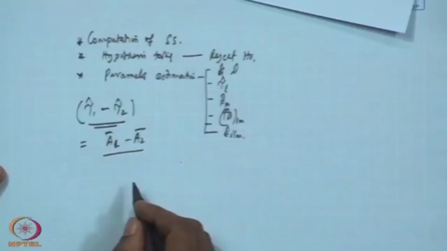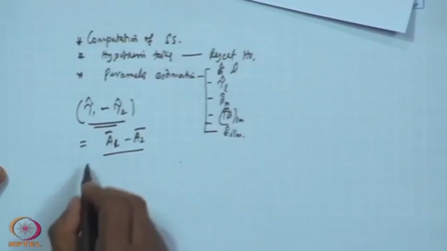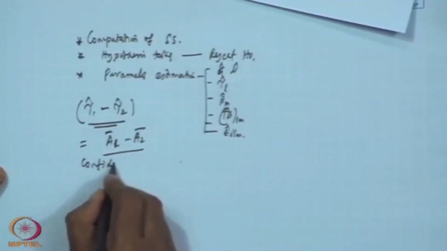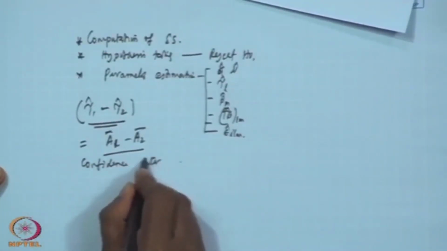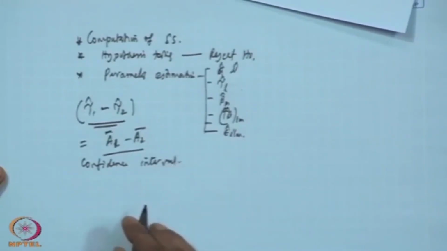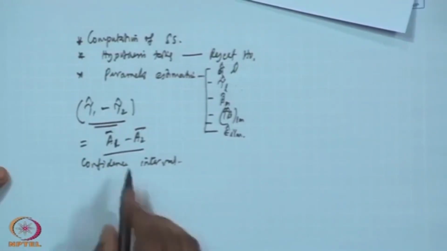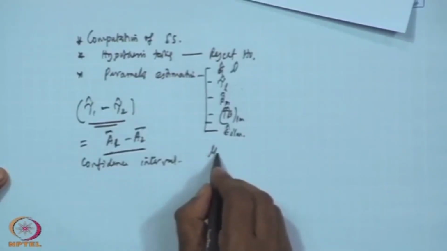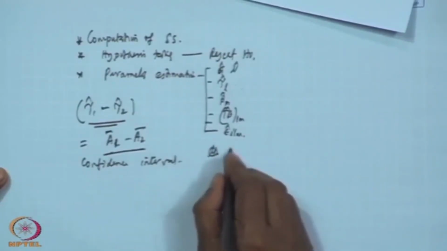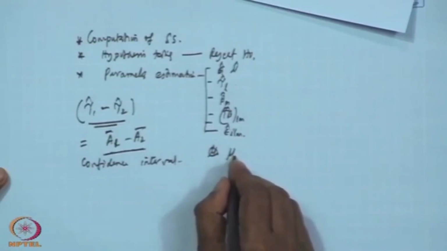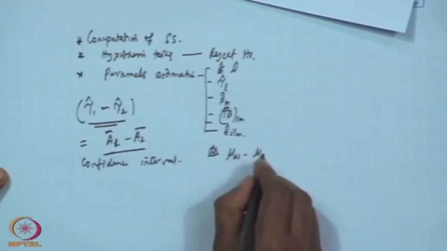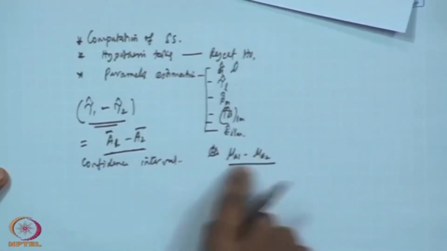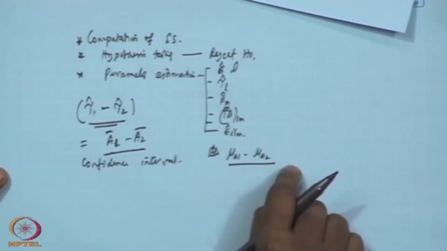What test will you use for the confidence interval? Yes. So, the expected value is what you are looking for, that is mu A1 minus mu A2, A for the factor and two different levels.